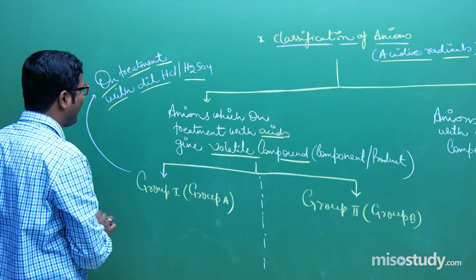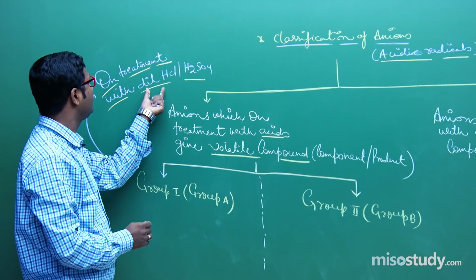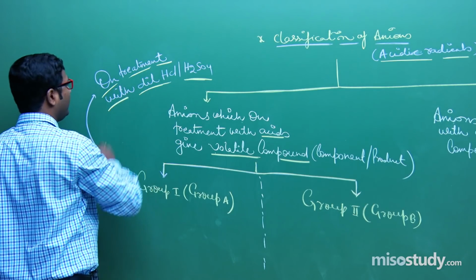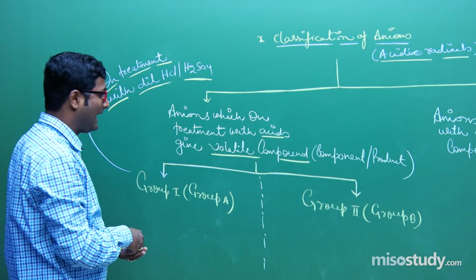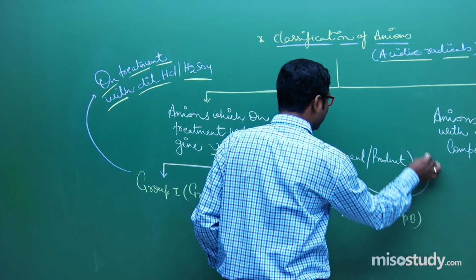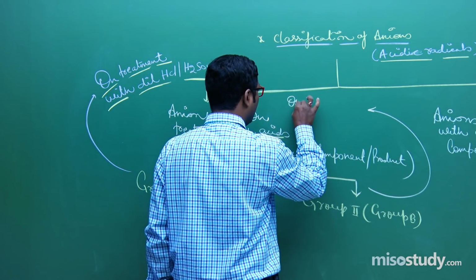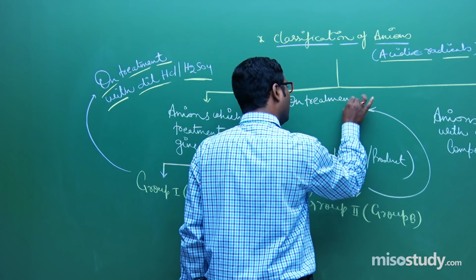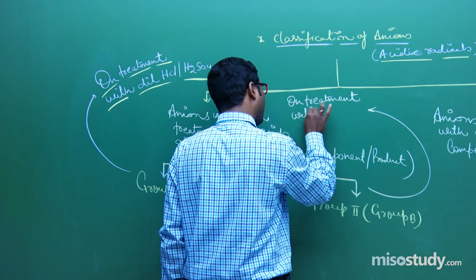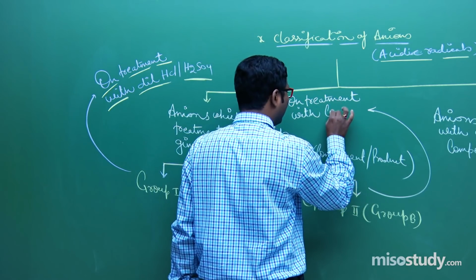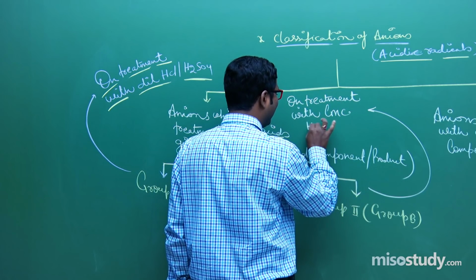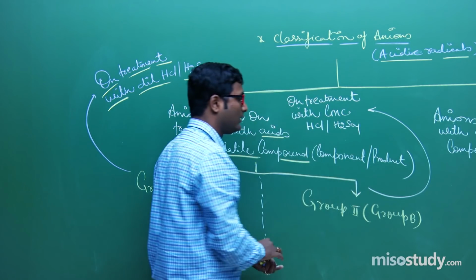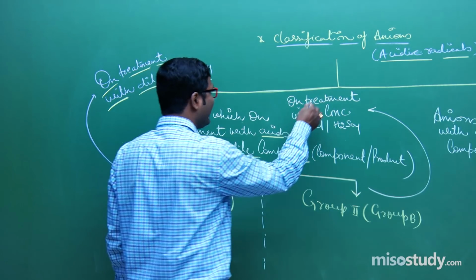Which type of anions gives a positive reaction with dilute acid? And group 2 is classified as: on treatment with concentrated acids like concentrated HCl and concentrated H2SO4, gives a positive reaction.